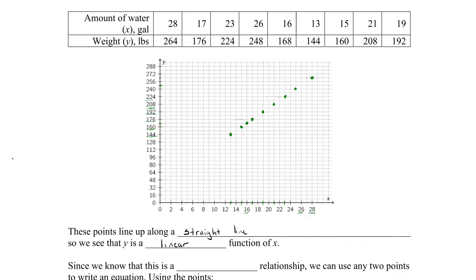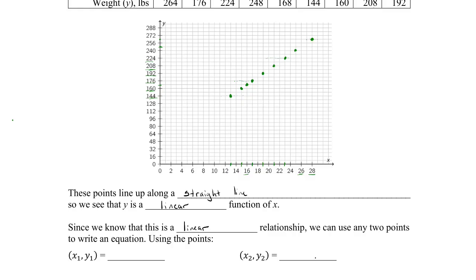Since this is a linear relationship, we can just pick any 2 points and use them to write an equation for this situation. Pick the first 2 points in the table. So x is 28, y is 264, and x is 17, y is 176.